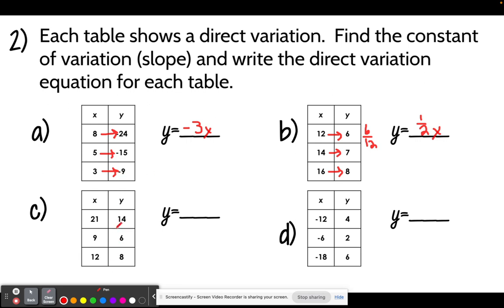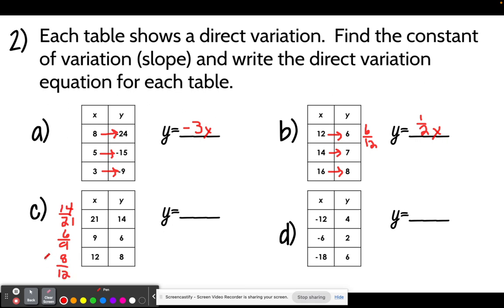How about this one? This one might be a little trickier. I have 14 over 21, 6 over 9, and 8 over 12. And all of those can be simplified. Let's start at the bottom. What goes into both 8 and 12? Well, 4 does.